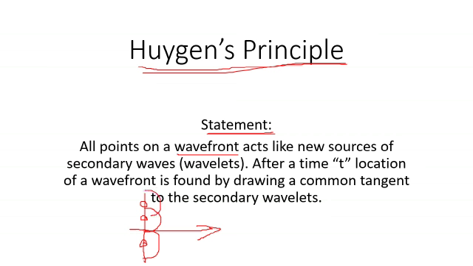Now, according to the Huygens construction, the location of this wavefront at some later time t will be the tangent surface which is tangent to all of these wavelets. So let me draw a tangent over here which is tangent to all of these secondary waves, and this tangent surface is the location of the new wavefront.